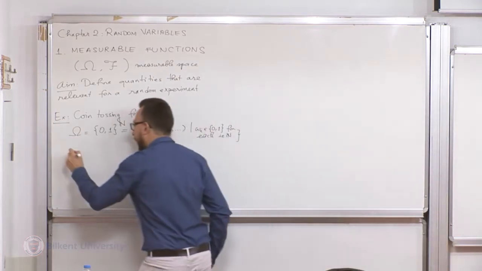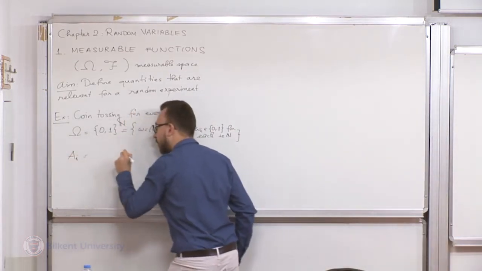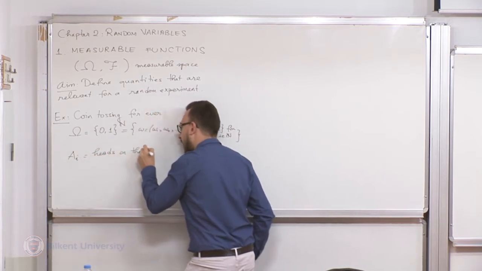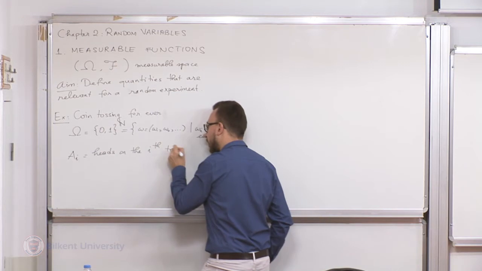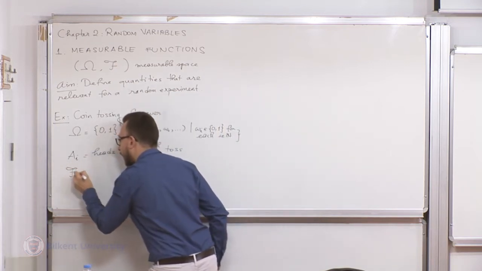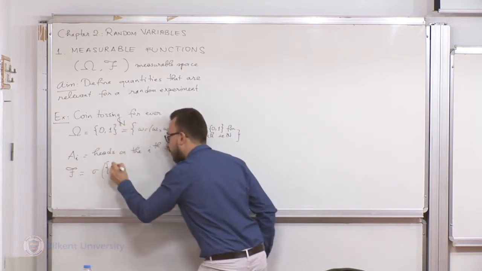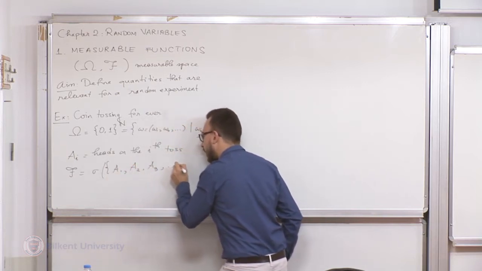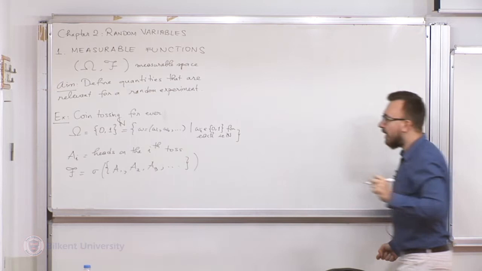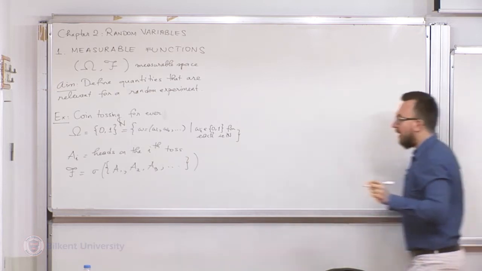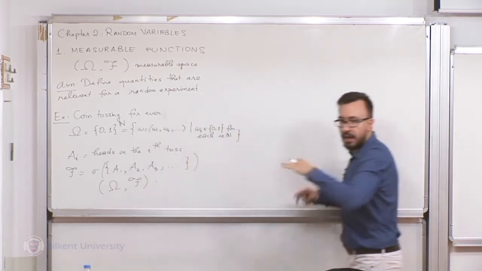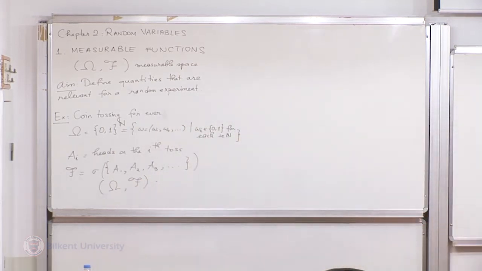And on that space, we define the event that we get heads on the ith toss, so that we can define the following sigma algebra generated by those events, A1, A2, A3, etc., so that we have this basic structure, (Omega, F), defined in a concrete way. Okay, this is an earlier example.